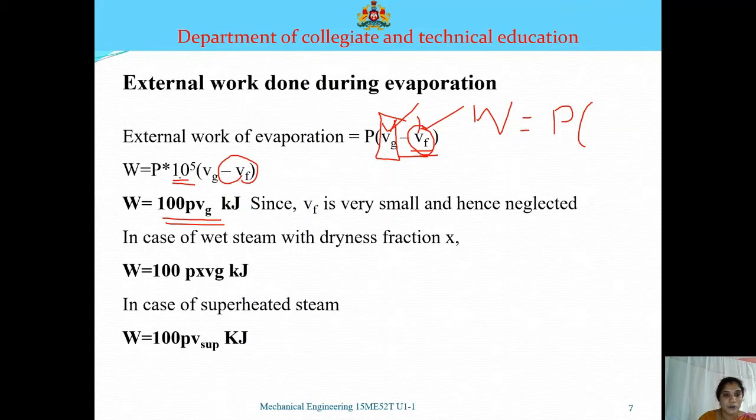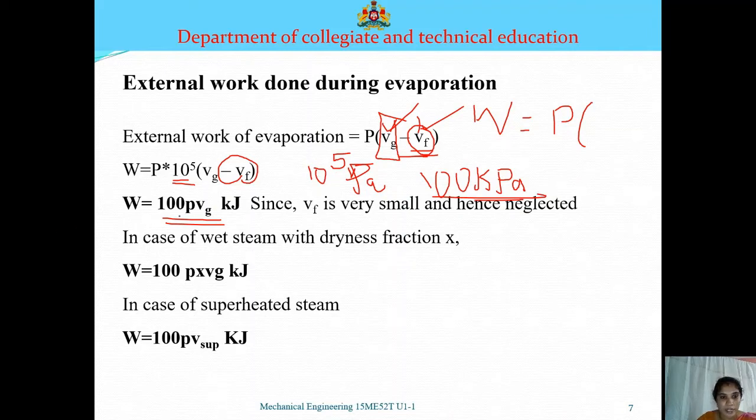So I told you it's 10 to the power of 5. Then the unit will be Newton per meter square for the Pascal for the pressure, 10 to the power of 5 Pascal. If I want to convert this to kilopascal, then I can write 100 kilopascal. Am I right? Instead of writing 10 to the power of 5 Pascal, I can write 100 kilopascal.